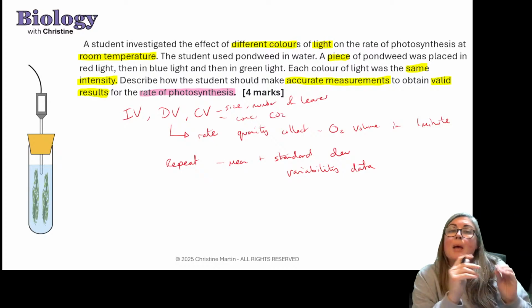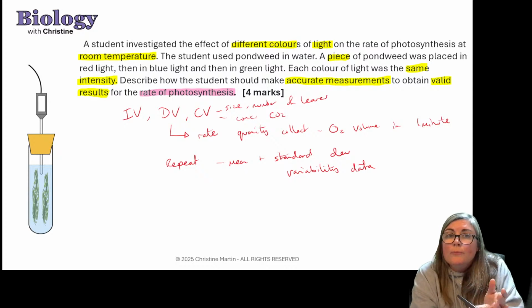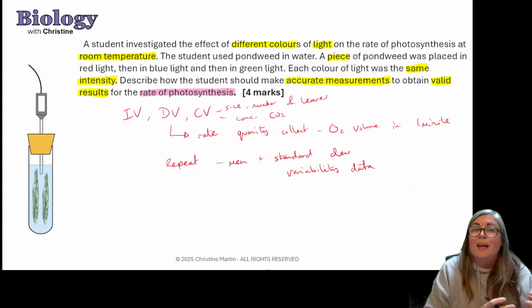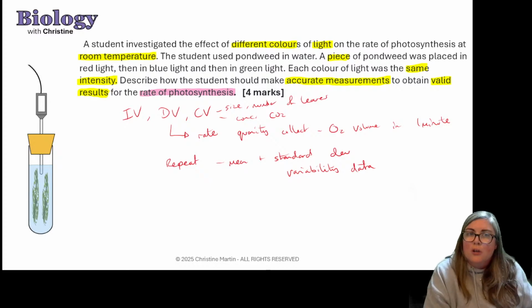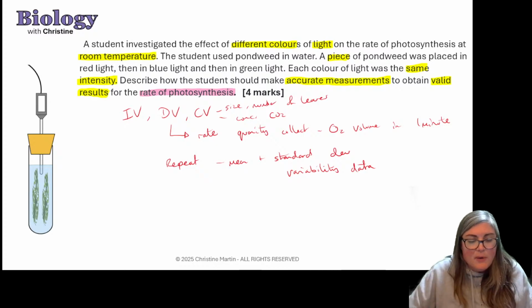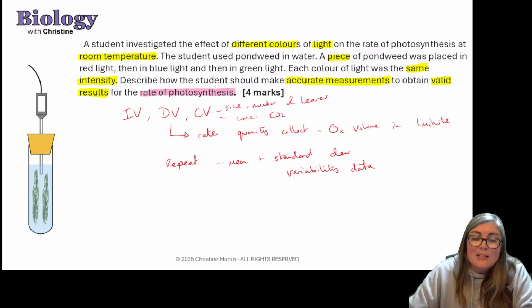So if I am measuring the volume of the oxygen, I need to ensure that I have given them the correct concentration of carbon dioxide. Otherwise, that may affect my results. So we always want to be giving as much information as we can.